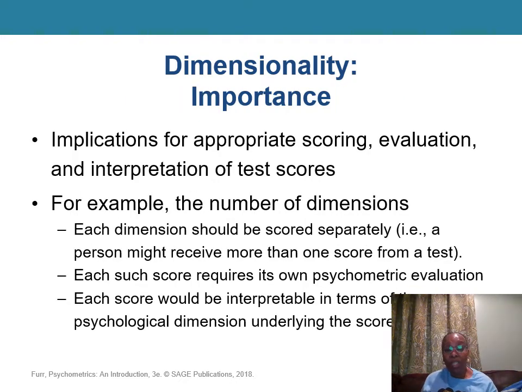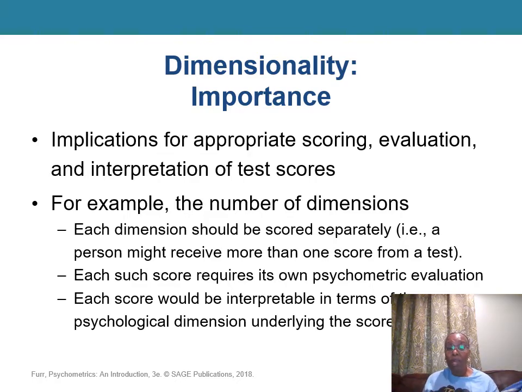Just to give a quick rundown of the importance, of course, it helps in determining our ability to score effectively, and in our evaluation and interpretation process of the test scores. It allows us to review and evaluate a number of different dimensions, thinking about the scores separately, and whether or not the person would receive a similar score on similar tests, would it be about the same?